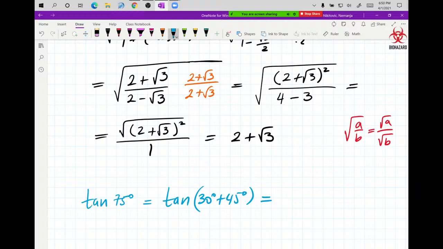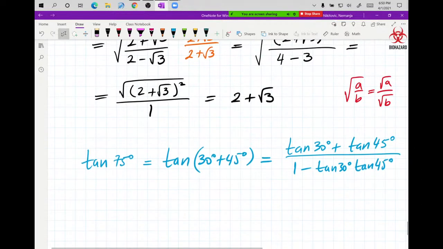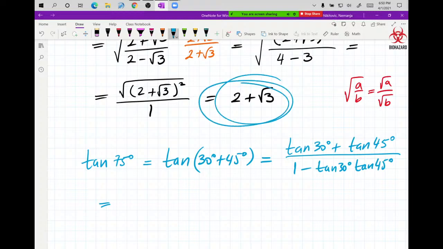And that was the formula where we had tangent of each, 30 degrees and 45 degrees there, divided by 1 minus the multiplication of tangents. So tangent 30 degrees, tangent 45 degrees. So that was the formula from last class. And now that should simplify into this, hopefully. Right? Otherwise, we broke mathematics and we can go home.